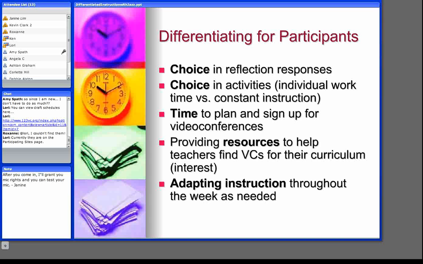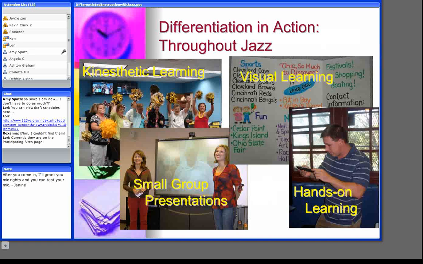Time to plan and sign up for video conferences. Providing resources to help them find video conferences for their curriculum. Adapting the instruction throughout the week as needed.